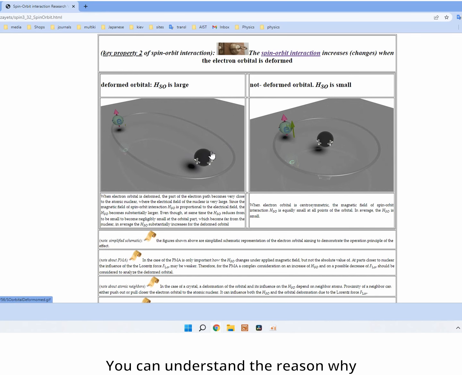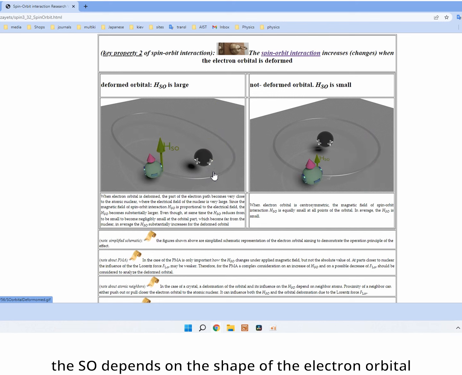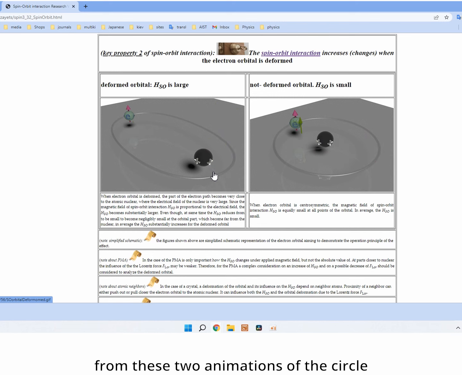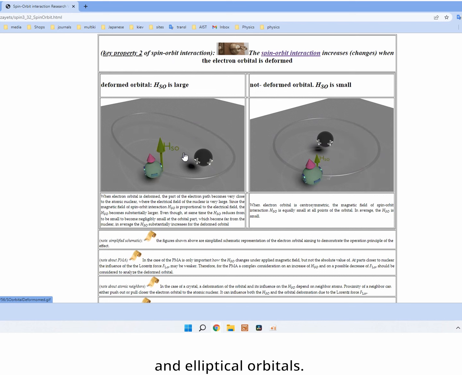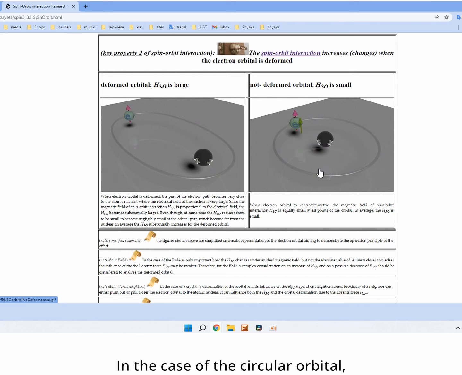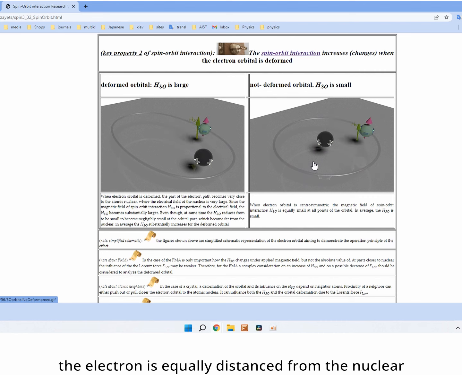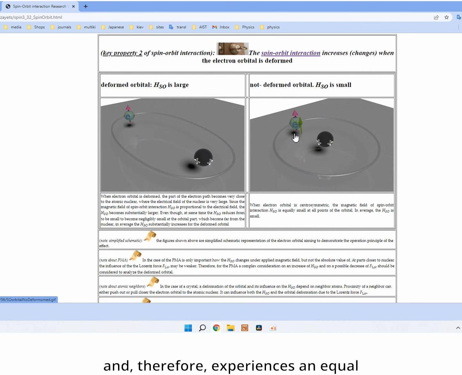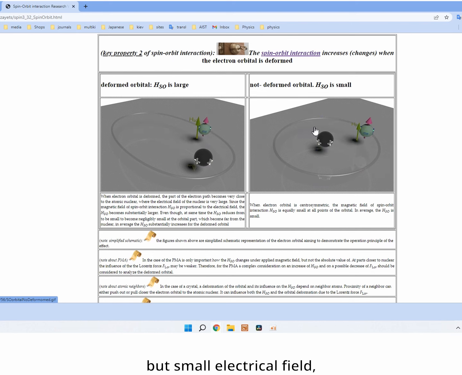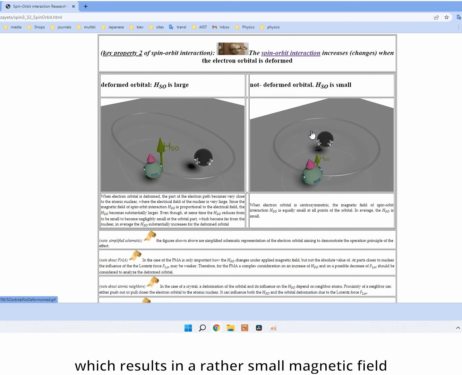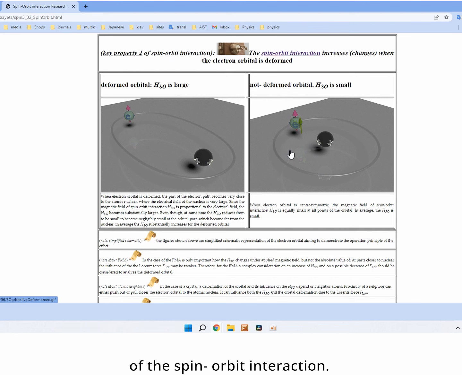You can understand the reason why the spin-orbit interaction depends on the shape of the electron orbital from these two animations of circular and elliptical orbitals. In the case of a circular orbital, the electron is equally distant from the nucleus and therefore experiences an equal but small electrical field, which results in a rather small magnetic field of spin-orbit interaction.